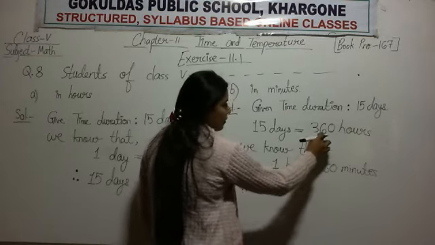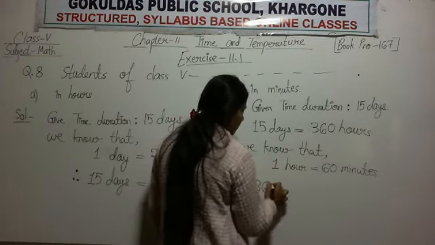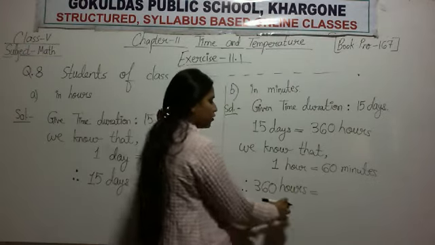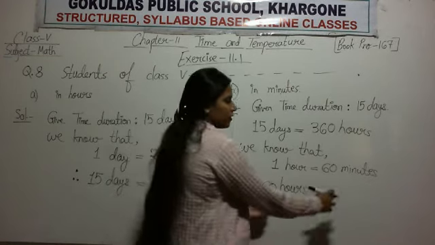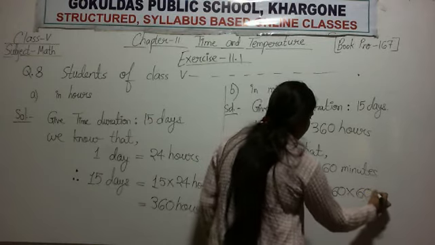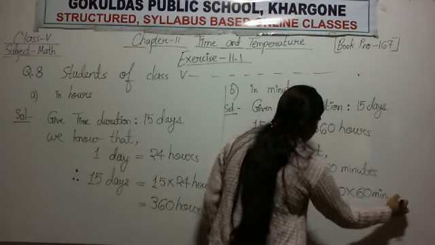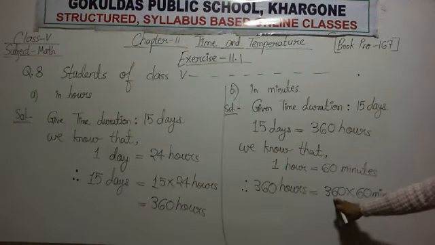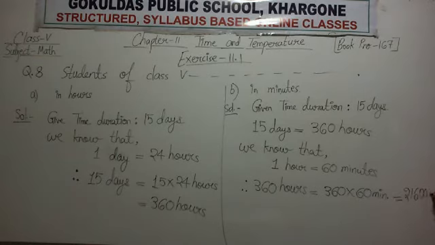Therefore 360 hours is equal to, we will multiply 360 with 60. 360 multiplied with 60 minutes. Now multiply both. When we multiply both the numbers, my result is 21600 minutes.